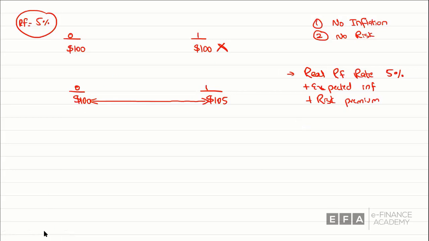All right, so having understood the concept of real risk-free rate, let's now understand what we have already basically discussed. The $100 we know is called present value, and the $105, which is the value of money in the future, is called future value. The rate of return that you're earning is called interest rate, which is 5% in this case. You may also call this rate of return.